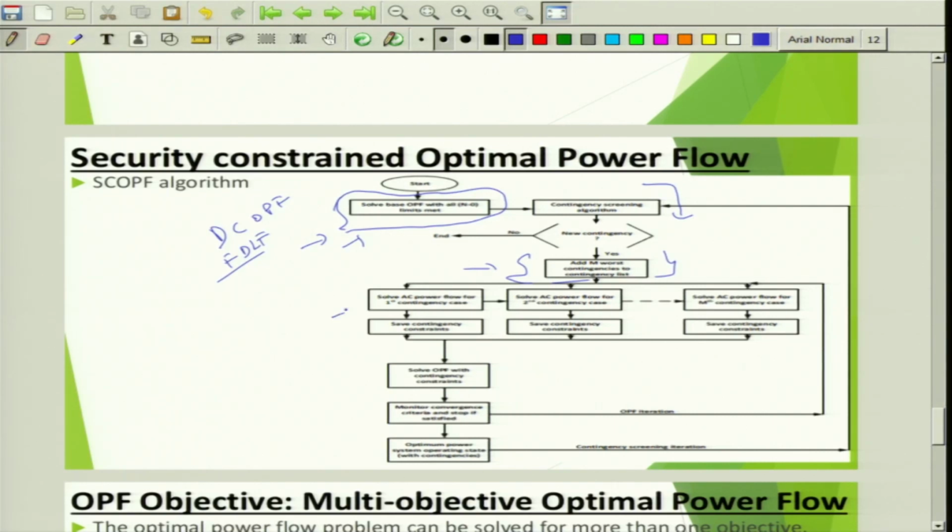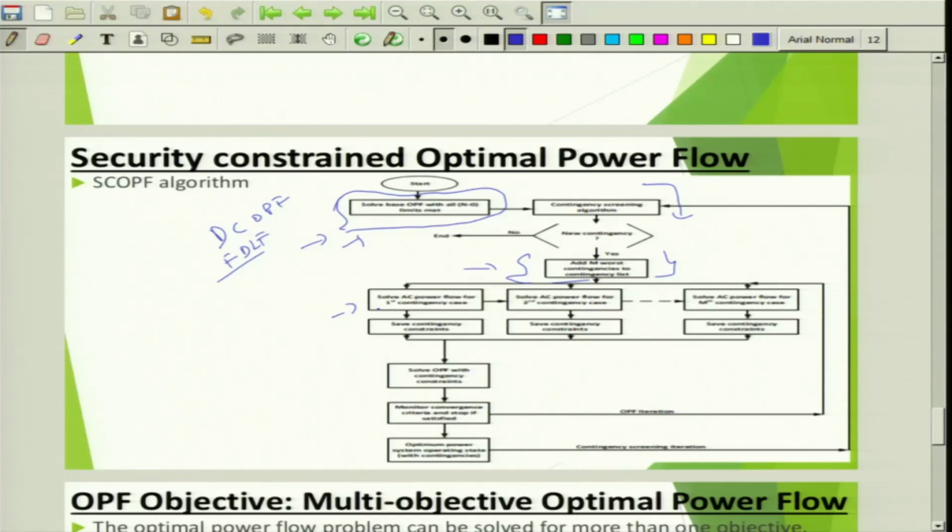Now you solve AC power flow considering one contingency at a time, based on the priority list. That means the first contingency case is the most critical one as per the result from DC OPF, right. Now you do the AC OPF, and then you get certain contingency constraints.